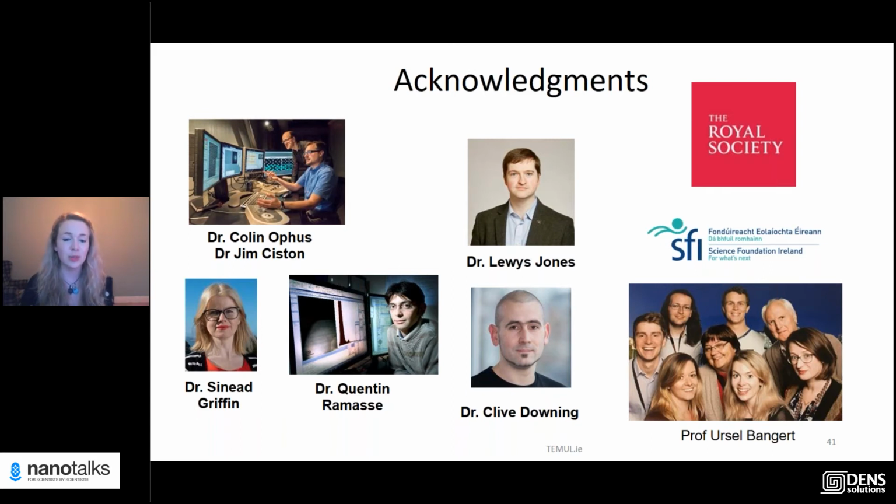Thank you to Quinton Ramas at SaberSTEM, not only for the atomic resolution imaging in some of those slides, but also the electron spectroscopy. And Dr. Lewis Jones and Clive Downing as well, not only for the imaging, but also the processing of those images, so we're doing much more low dose imaging rather than a very nice slow long image.